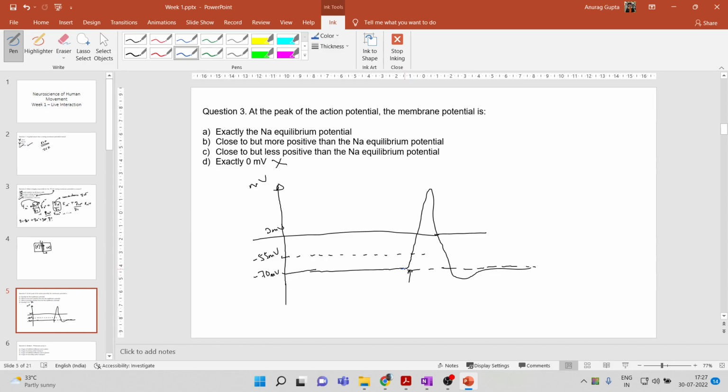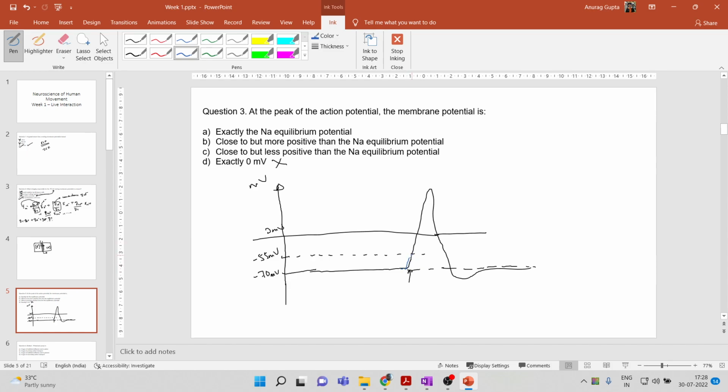So when the stimulus is applied, certain sodium ions start entering. The stimulus can be, for example, a touch, and this can trigger mechanically sensitive sodium channels, which then allow sodium ions to enter into the cell, making the interior of the cell more positive, and hence a small graded potential is developed.